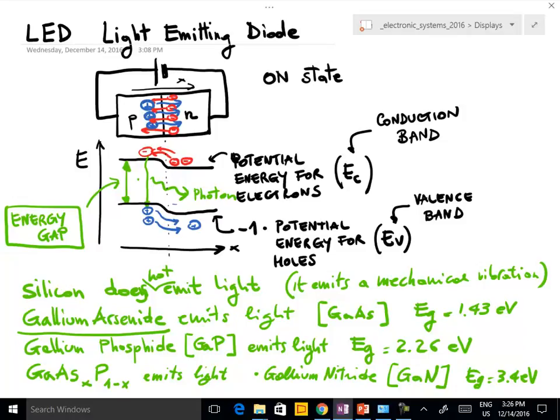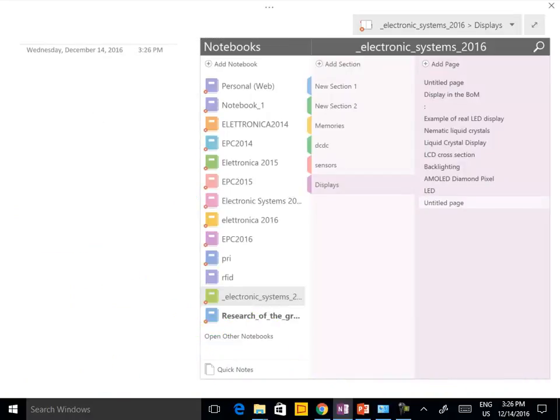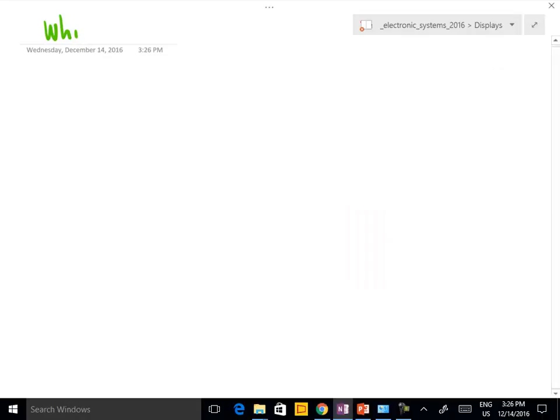The point is that we typically need, we very often need white LEDs. How do we get them? Okay, in order to have white LEDs, there are basically three options.